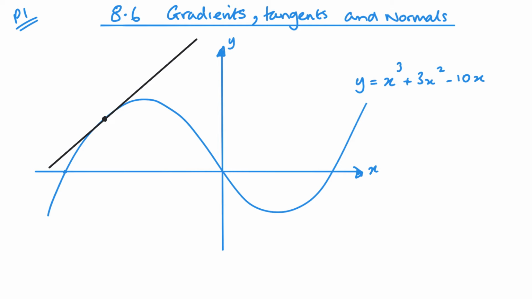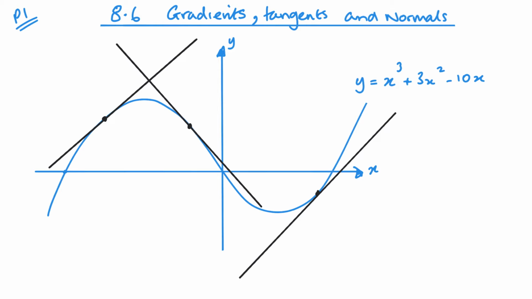I can find the tangent at any point on my curve. It's just a straight line that touches the curve at that one place. It doesn't matter where I'm looking, and there are a few examples there.